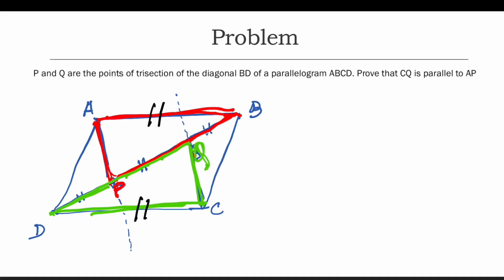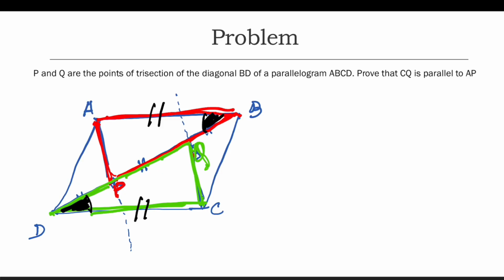What is the second thing that we know for sure? This angle is equal to this angle, right? These are alternate angles. AB and CD are parallel sides, BD is a transversal, so alternate angles will be equal. So two things we have got.